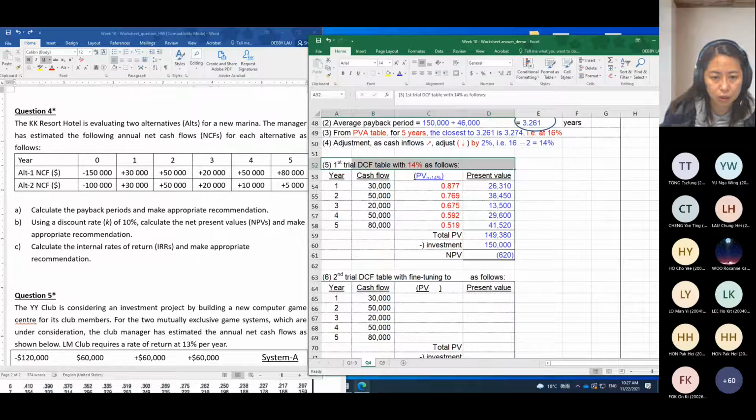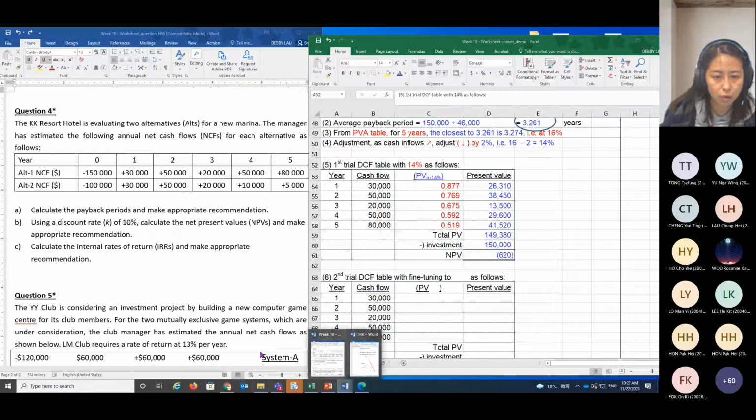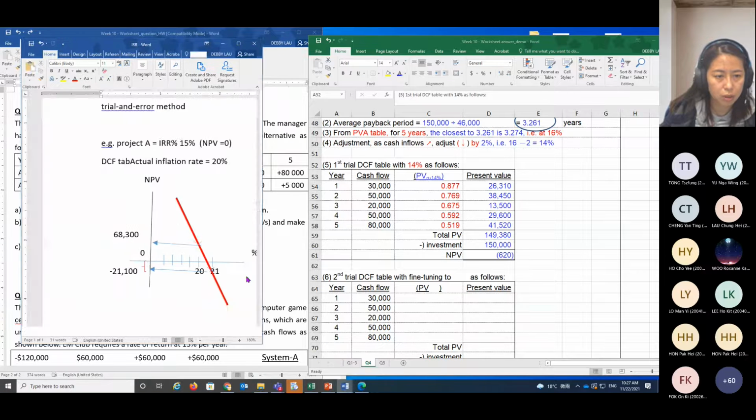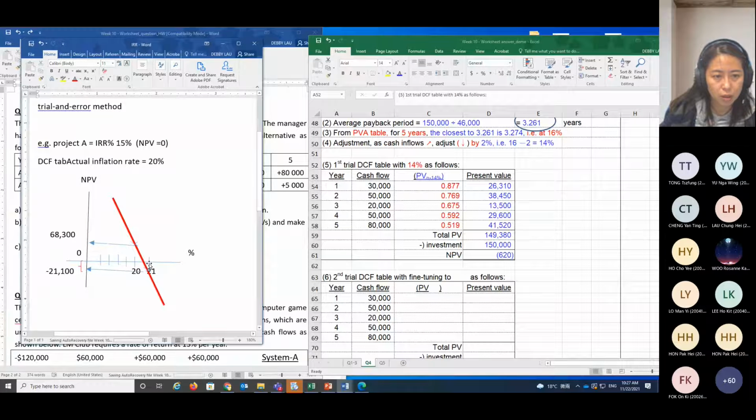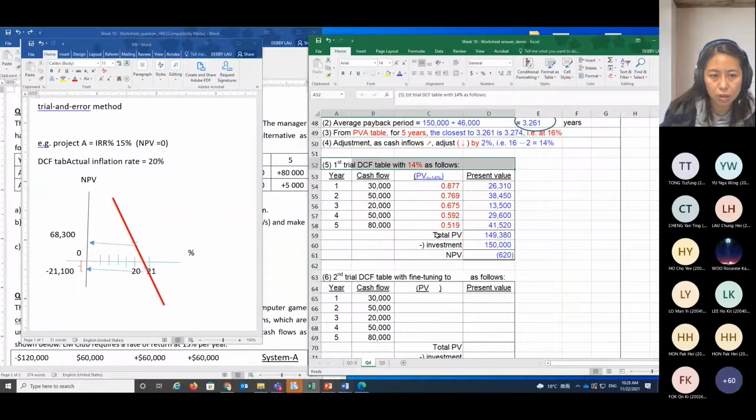You can refer to the diagrams here. You already found the negative NPV, which is at 14% in this question, and you have to decide whether to go left or right. If you go to the right side, it should be 15%. If you go to the left side, it should be 13%.